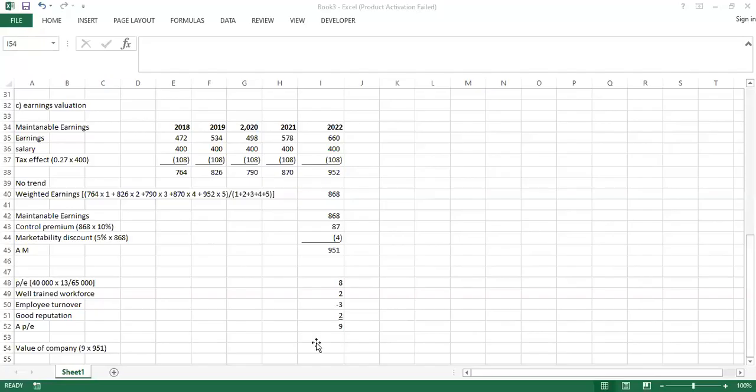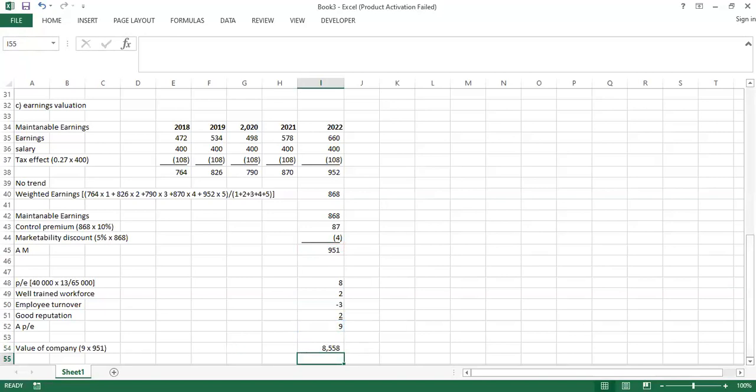We are finishing. So you are just multiplying to get the value of the company now. You are simply multiplying those two figures. Then the last thing that you'll probably do: let me multiply. It's 9, that amount there times 951. It gives you that value.